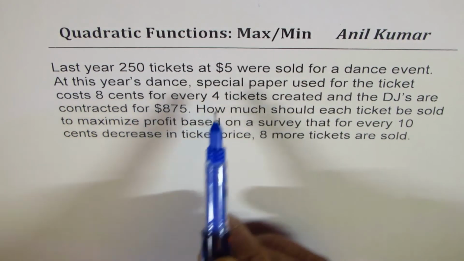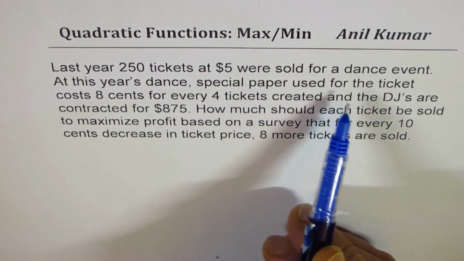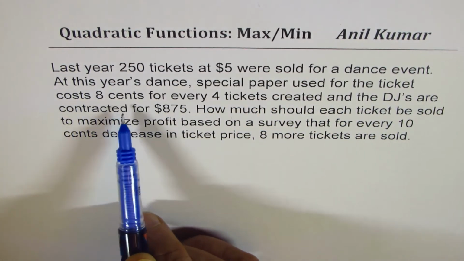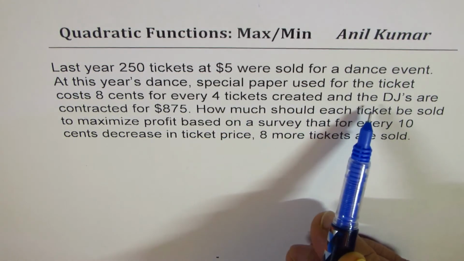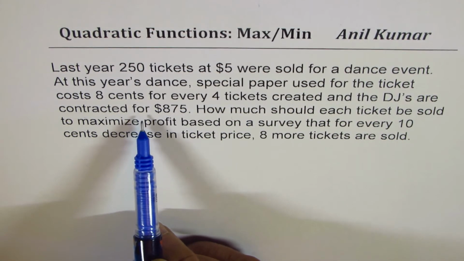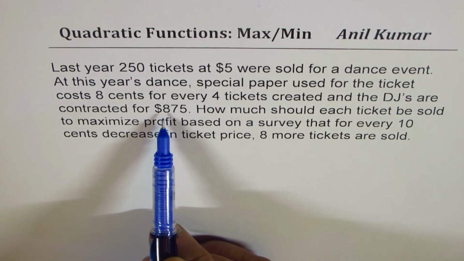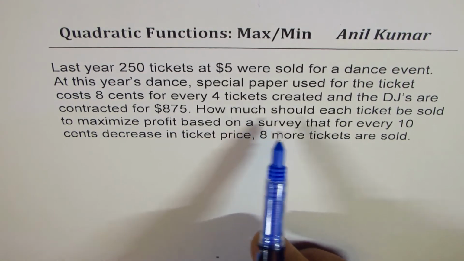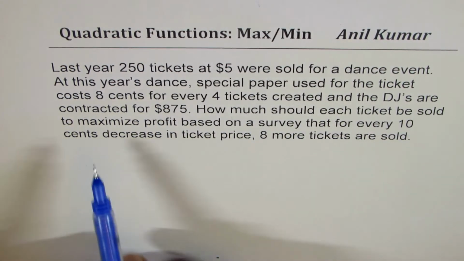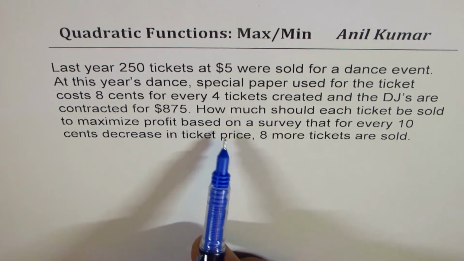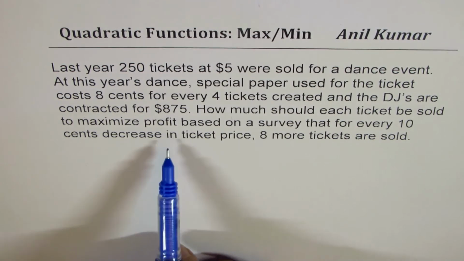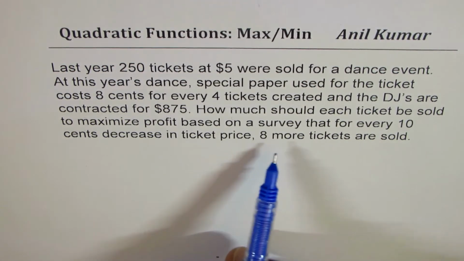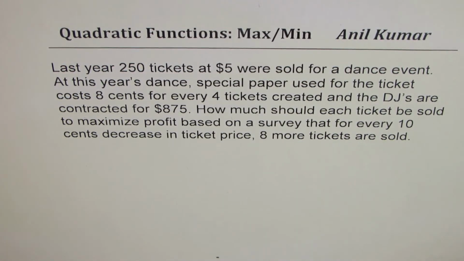At this year's dance, special paper used for the tickets costs 8 cents for every 4 tickets created, and the DJs are contracted for $875. How much should each ticket be sold to maximize profit based on a survey that for every 10 cents decrease in ticket price, 8 more tickets are sold?